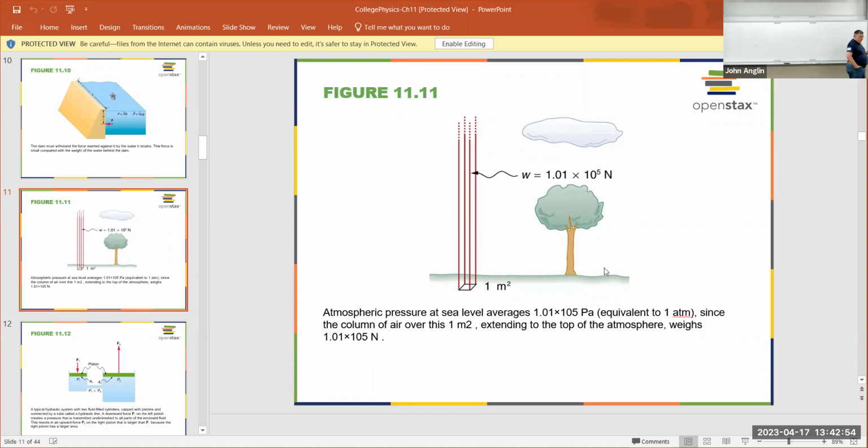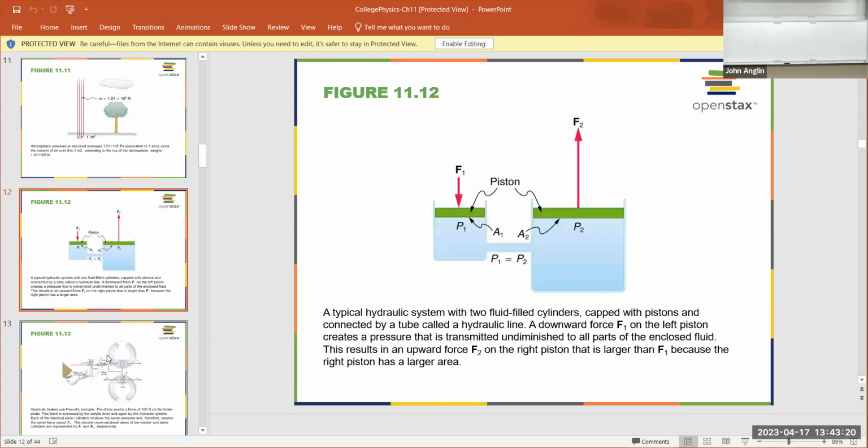Know what you're working with. If I give you imperial units and ask for an answer in SI units, then you probably should convert. If I give you SI units and ask for an answer in SI units, then you really don't have to do any conversion. But just know the difference. This is why in week 1, I spent a lot of time beating you up about unit conversion, because now we're going to need it, right?